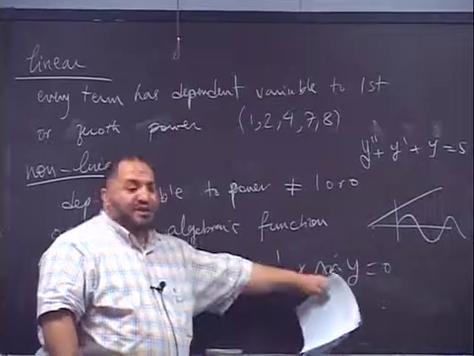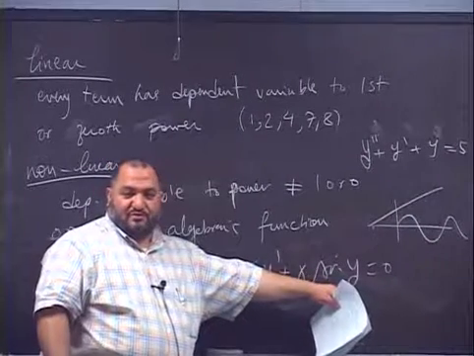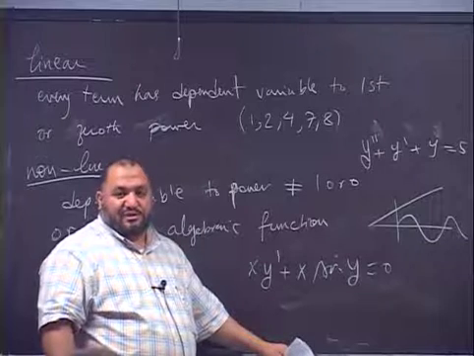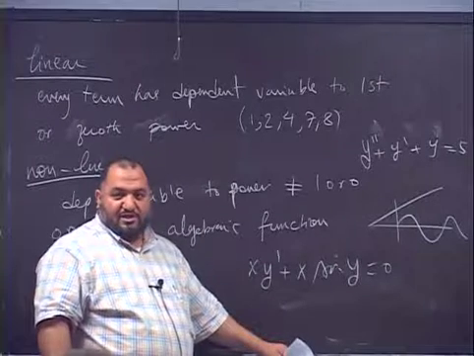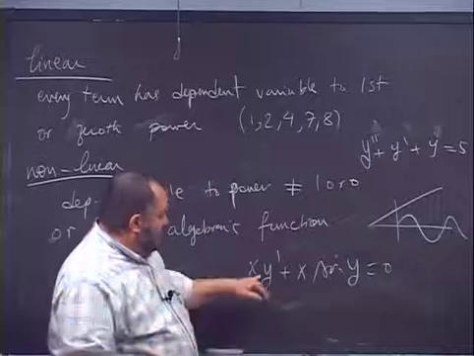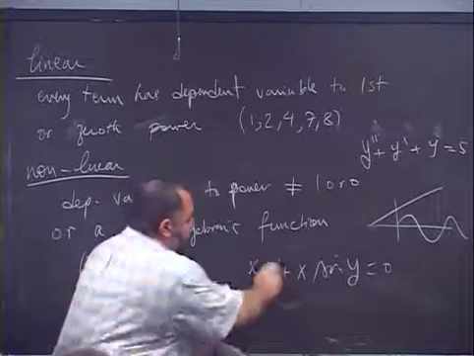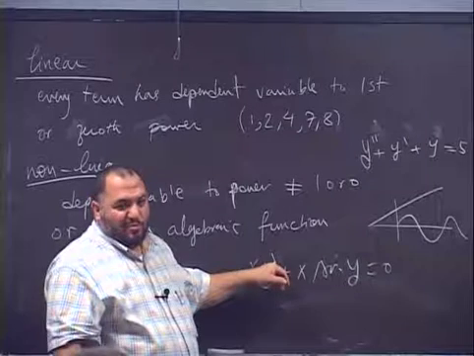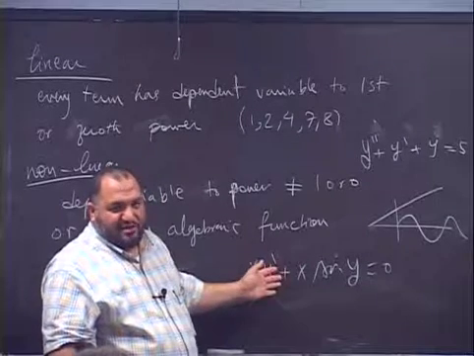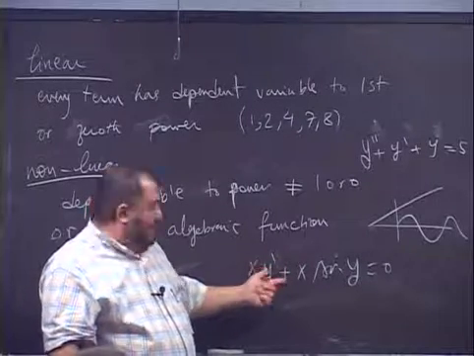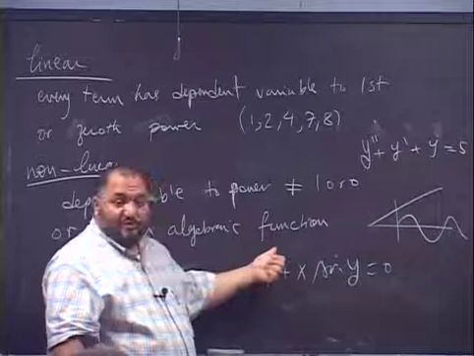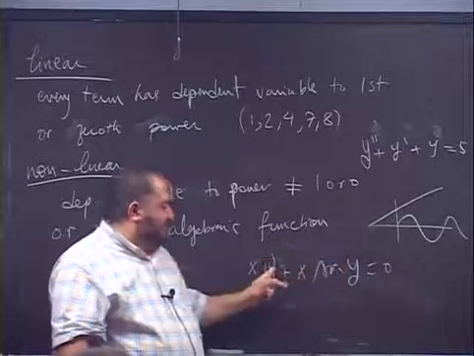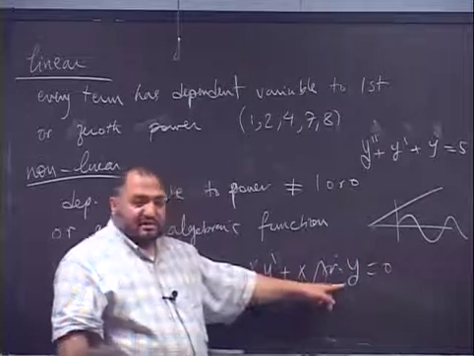Okay, so any nonlinear functions, you have it for the independent variables. This is now a nonlinear equation. Although the highest derivative here is y1, which is just the first derivative, it is raised to the power of 1, and this is raised to the power of 1, but one of the independent variables in the equation is not in a simple form.